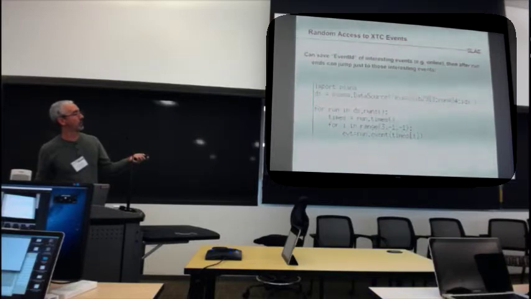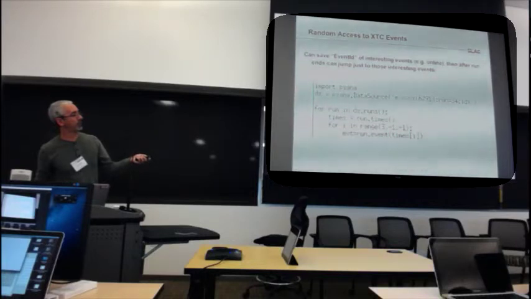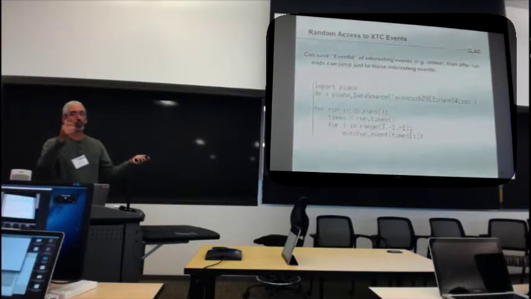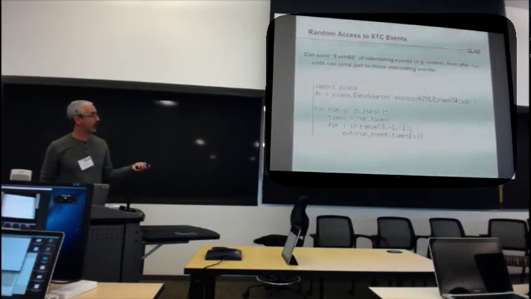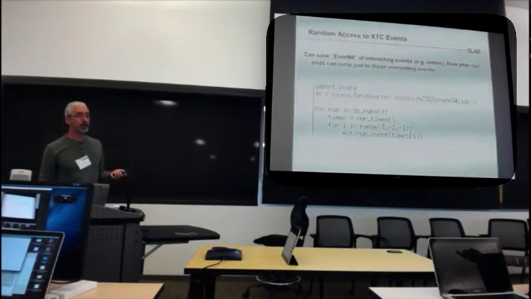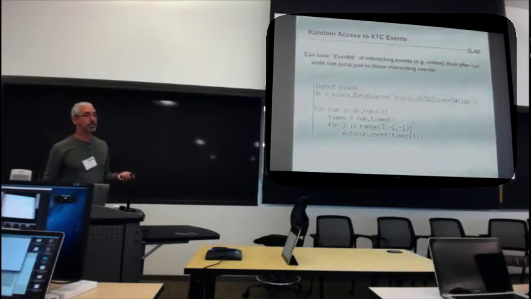So we'll go 3, 2, 1, but you could go event 30, 20, 10. You go run.event, and you fetch this particular event. It will jump to that event and return it, and then you can get the data out of it.